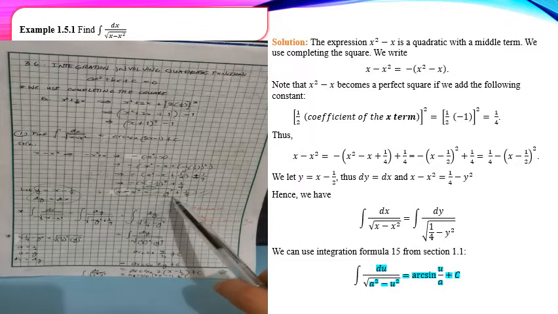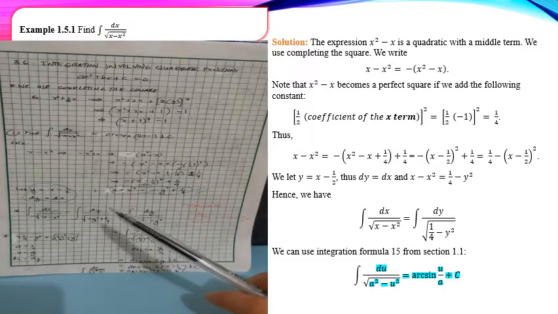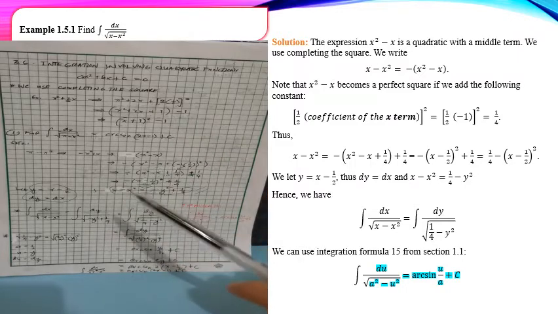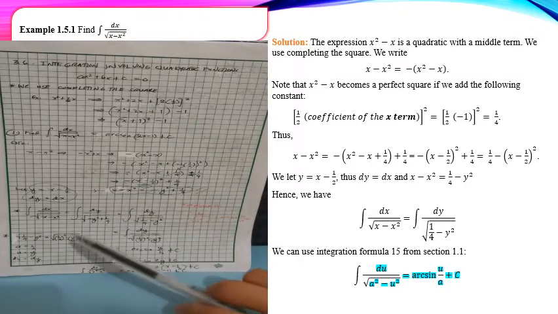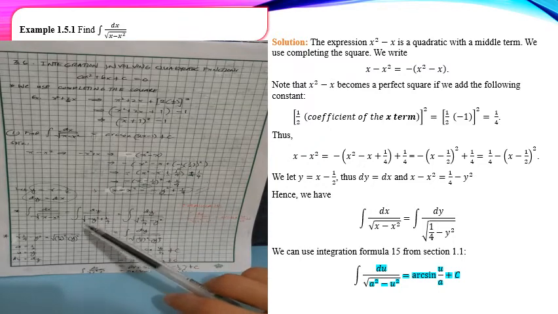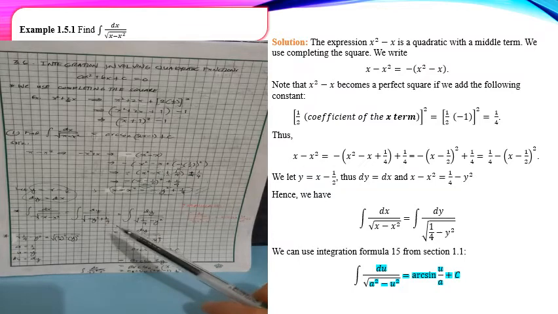Galing siya dito. Di ba doon sa previous techniques na trigonometric substitution, ang goal natin doon is kailangan yung given natin na integrand ma-transform in terms of theta. Dito naman sa quadratic function, kailangan si x mapalitan siya ng y, or kailangan si integrand natin maging in terms of variable y.